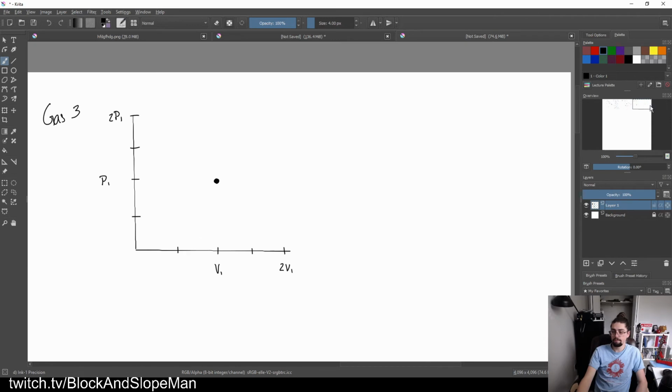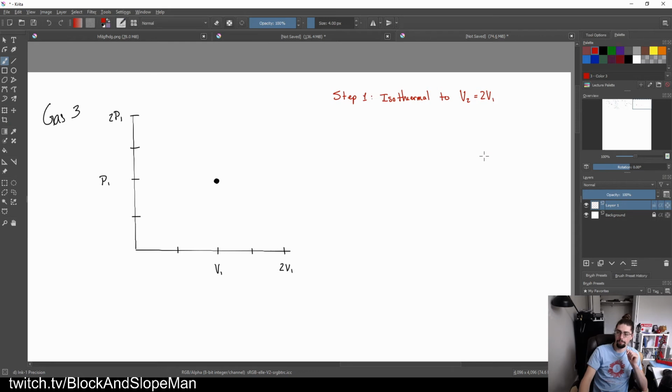Now, we got some weird things going on with this one, right? The very first one, what we've got is an isothermal expansion. So back to my color coding technique here. Step 1, isothermal to V2 is equal to 2 times V1.